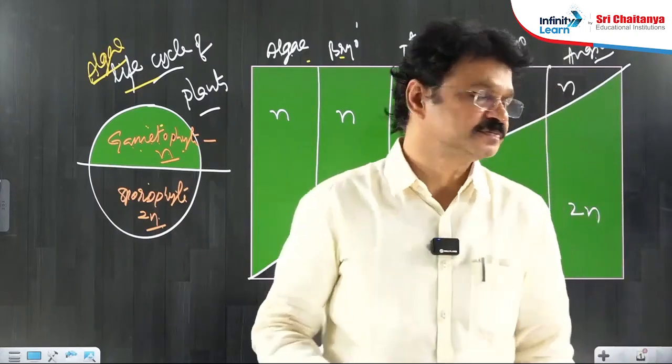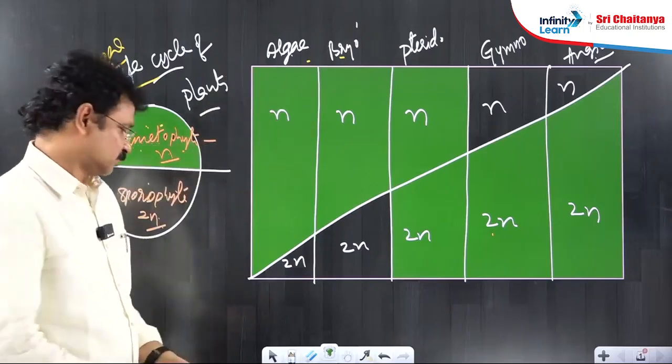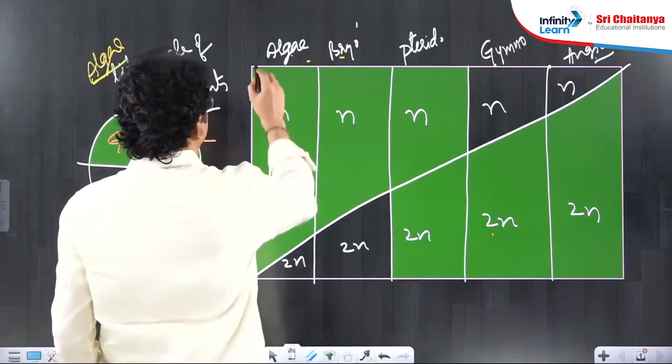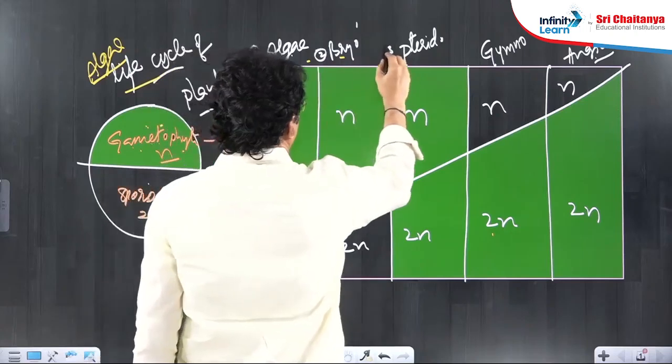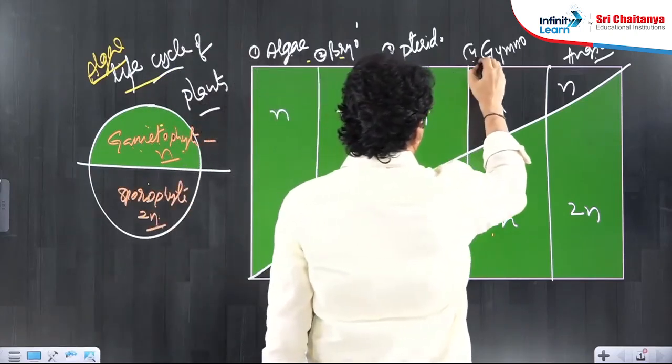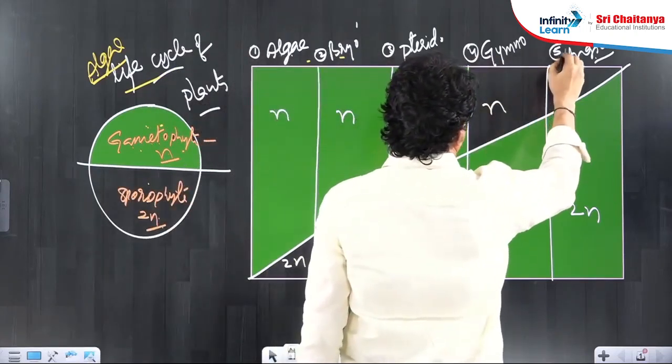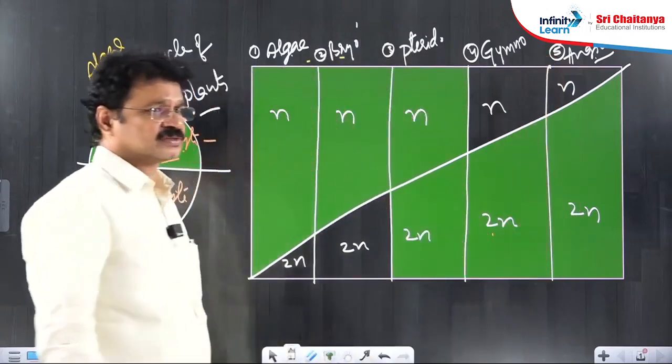Question number one, name the plants. I will give options first of all. First option algae, second bryo, third pterido, fourth and fifth gymno and angio respectively. Five options are there for this question.